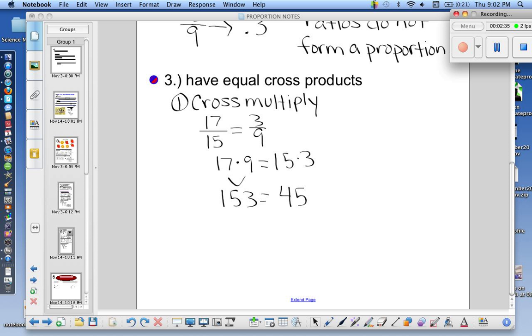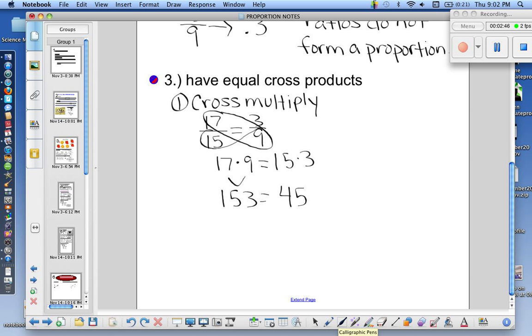So we cross multiplied 17 and 9. And 17 times 9 is 153. And we also cross multiplied 15 and 3. So 15 times 3 gave you 45. Remember, we're setting the cross products equal to each other.